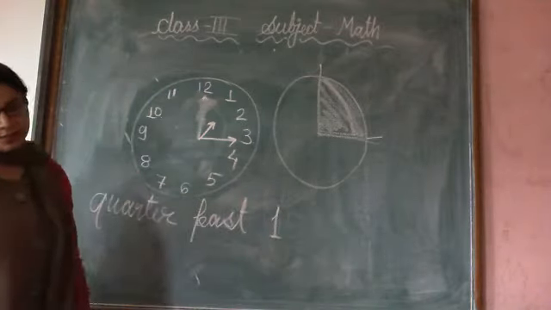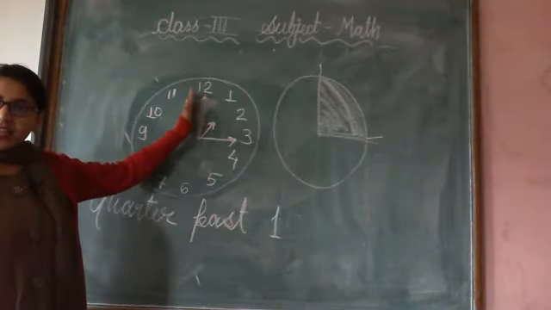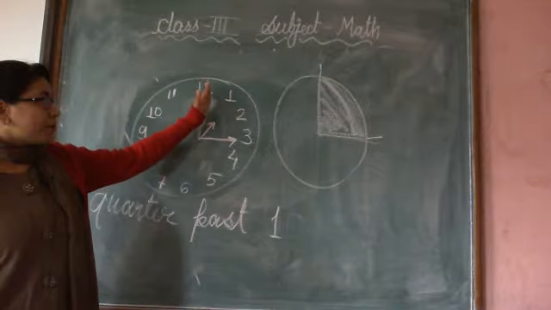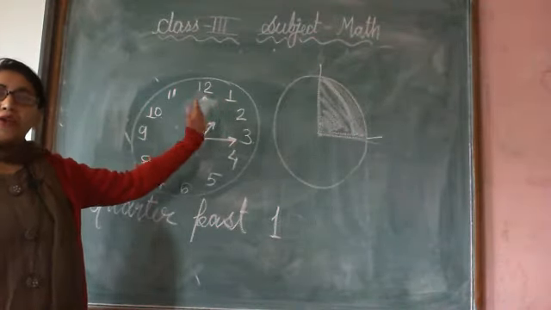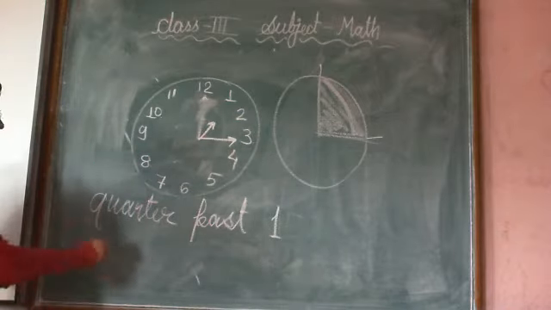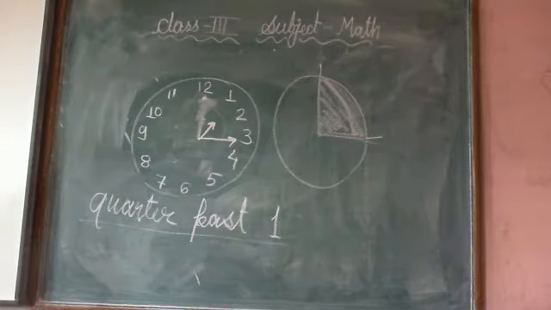Quarter past 1. Very simple. 1 o'clock was there. Then the minute hand passed a quarter part of the circle. So simply we write quarter past 1. See how simple it is?